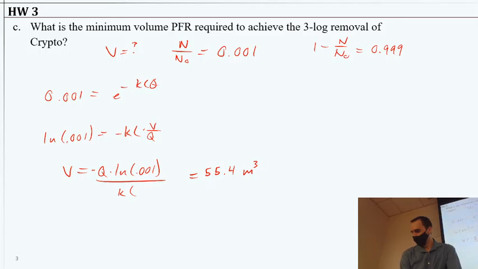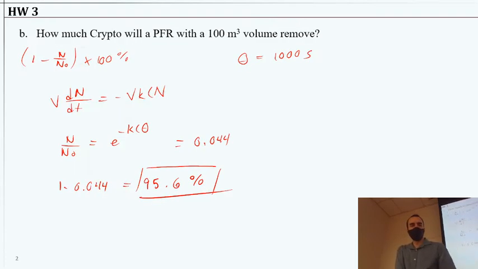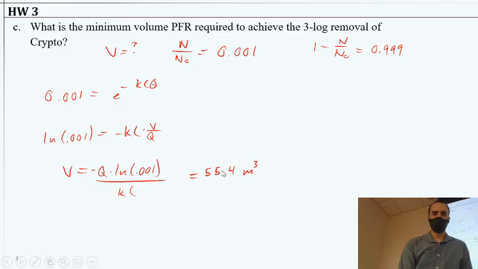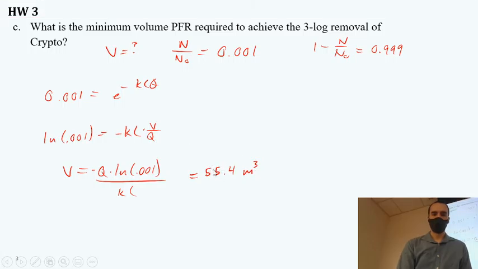And something is not adding up here in my mind. 100 cubic meters a moment ago only removed 95%, and now we're having something smaller. So I think what probably happened is in this one I put in the wrong K. For the last one, I got like 99.999, and the one before that, I got like 92.